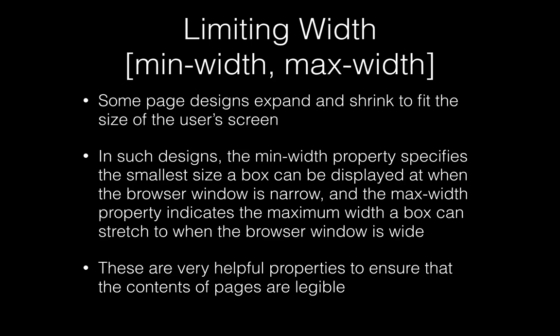So you can use min-width or max-width so that it appears nicely on your desktop and also on mobile devices. In such a design, the min-width property specifies the smallest size a box can be displayed at when the browser window becomes narrow or smaller, and the max-width property indicates the maximum width a box can stretch to when the browser window is wide. These are very helpful properties to ensure that the content of a page is legible.